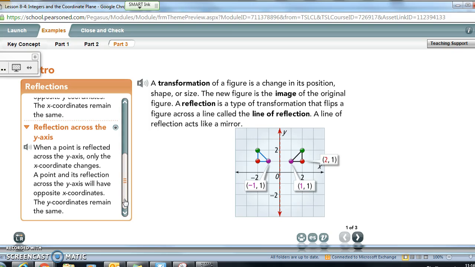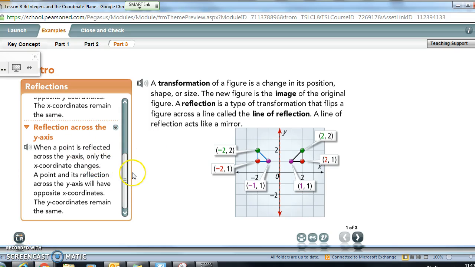The coordinates of the original figure are 2, 1. The coordinates of the image are negative 2, 1. The coordinates of the original figure are 2, 2. The coordinates of the image are negative 2, 2.